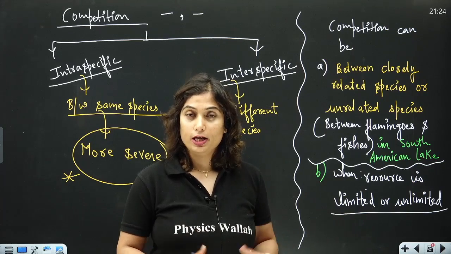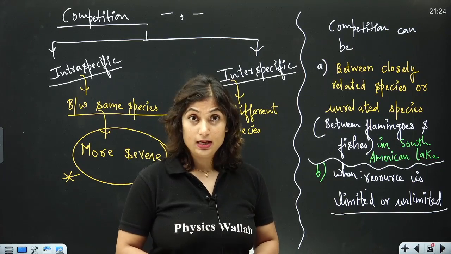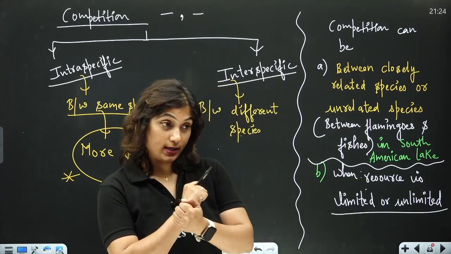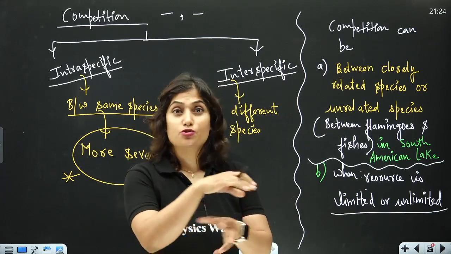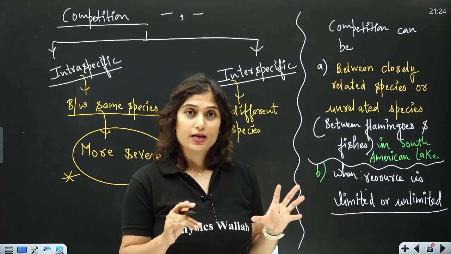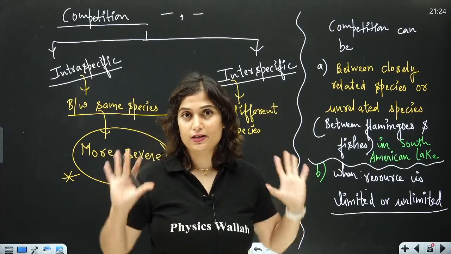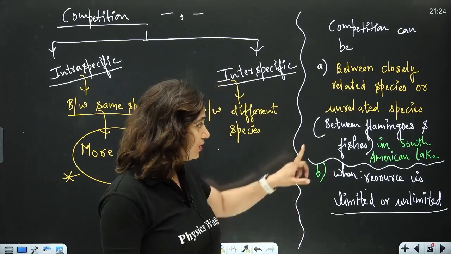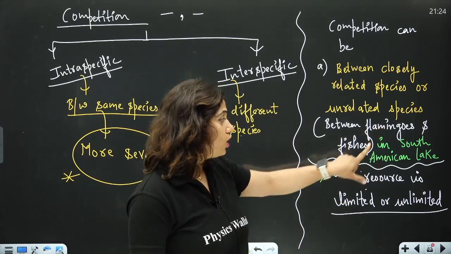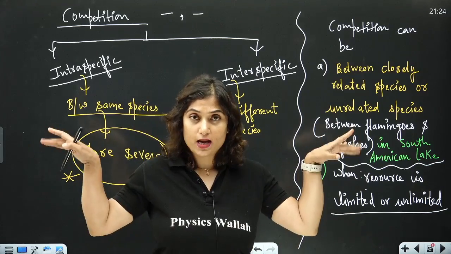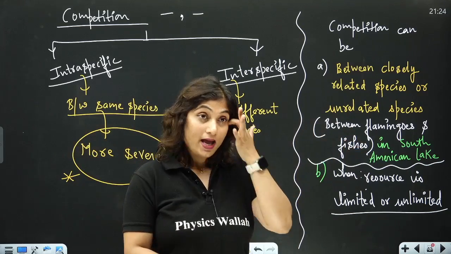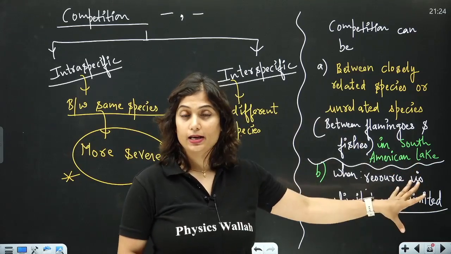Now, competition is generally seen in closely related species, like between birds, like between dogs. But sometimes competition is seen between totally unrelated species. One example is given in NCERT: flamingos and fishes. Flamingos are birds, and they are found with fishes in a South American lake.